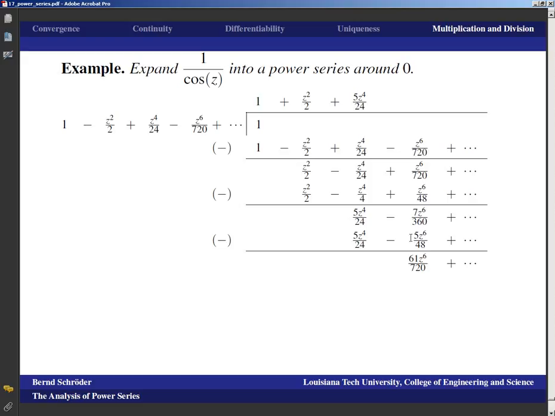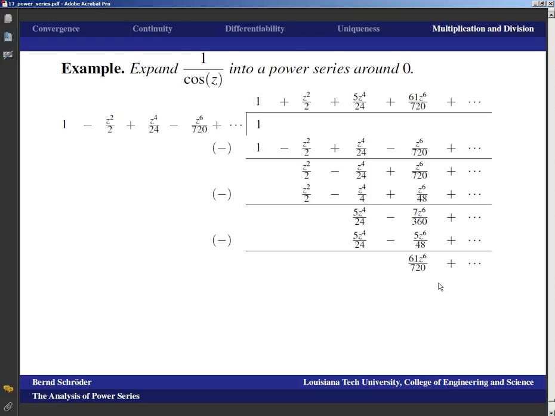Okay, so we have to multiply with 15. We end up with 5 times 15, which is 75. So plus 75 over 720. And this is negative 14 over 720. 75 minus 14 is 61. So that ends up being 61 z to the 6th over 720.